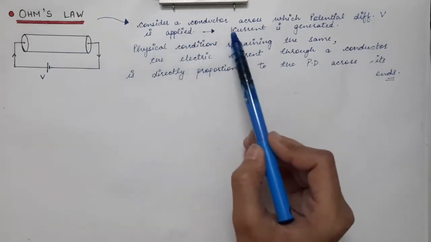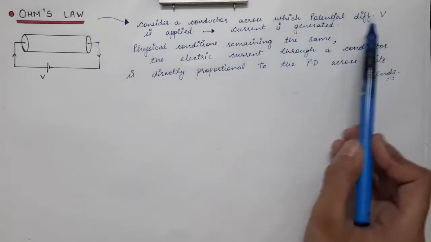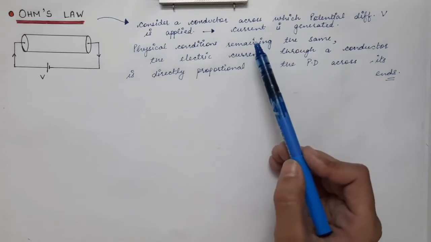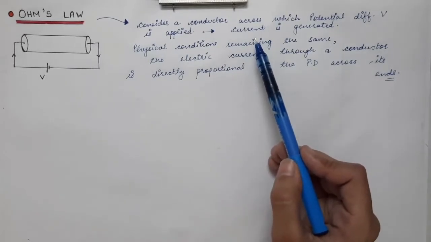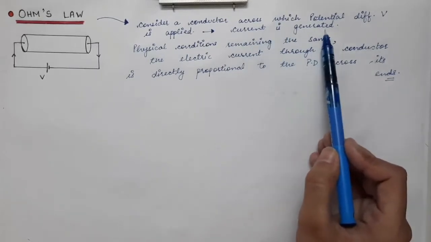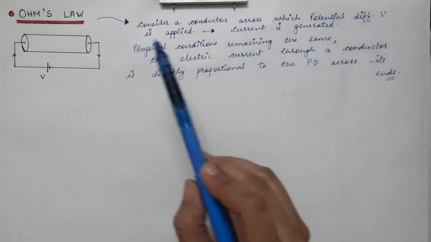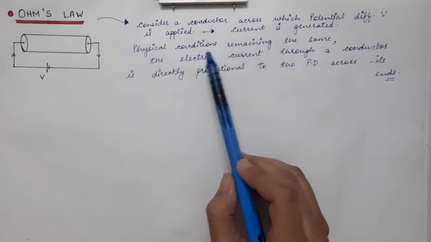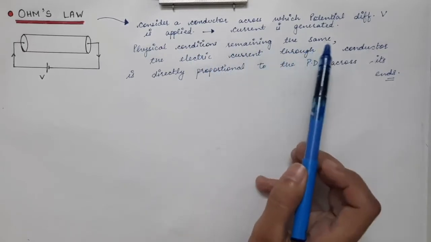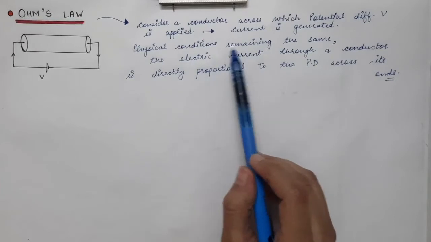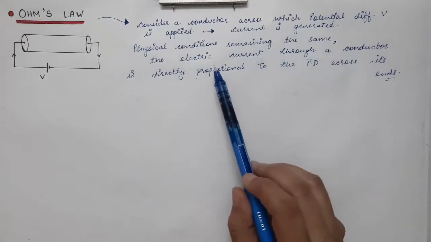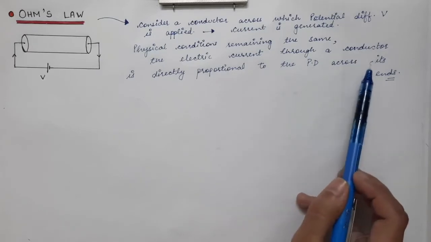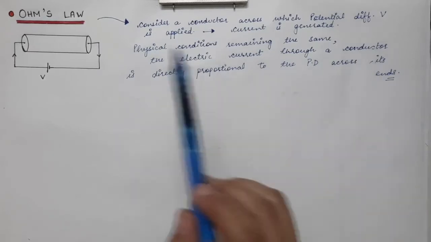So we are considering a conductor across which a potential difference of V is applied, and if we apply a potential difference, the electrons, or you can say the charge carriers, will start moving and hence the current is generated. Now Ohm's law states that if physical conditions remain constant, like temperature and pressure, the electric current through a conductor is directly proportional to the potential difference across its ends.